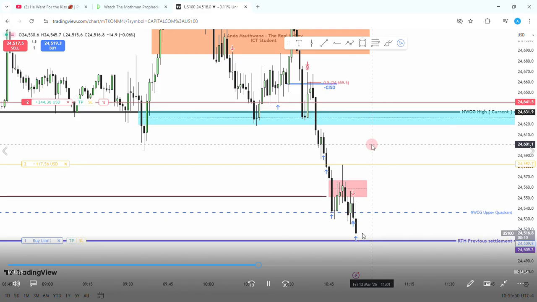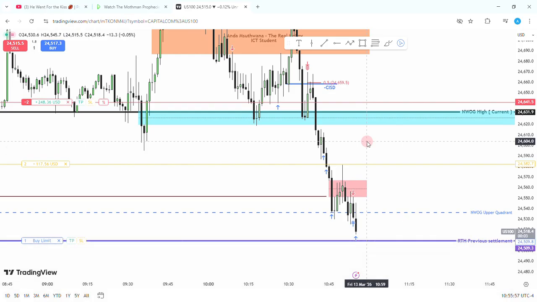And so right there, as it gets down to the regular trading previous settlement, as it closes down the entirety of that gap. Excuse me for not telling you this: the regular trading previous settlement, the horizontal ray that I have shaded in purple, that's the 16:14 p.m. settlement price. Taking you back to that opening range gap that I was talking about earlier on, that's the low of that open range gap.